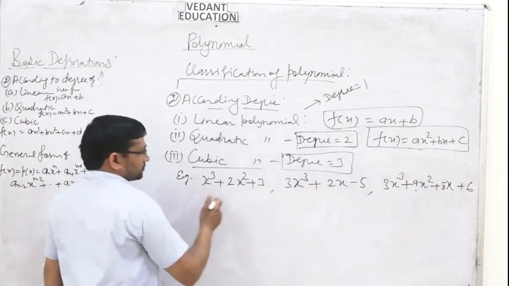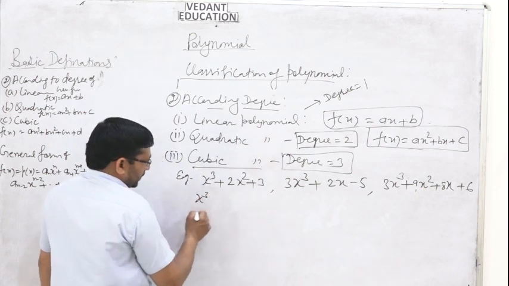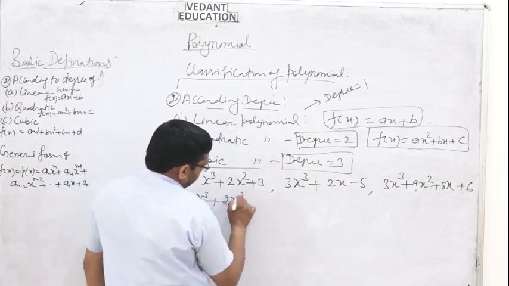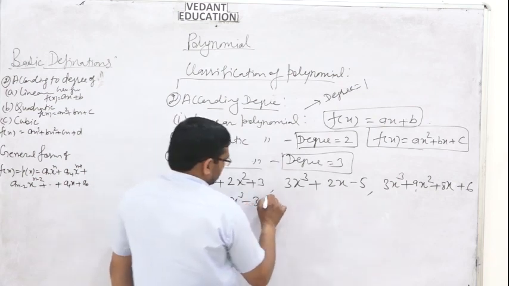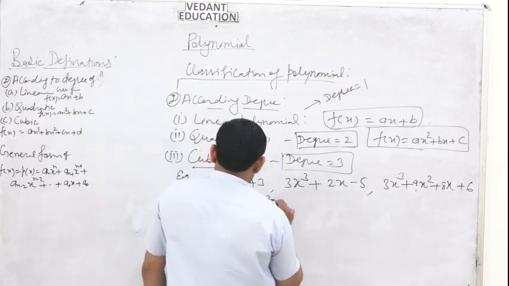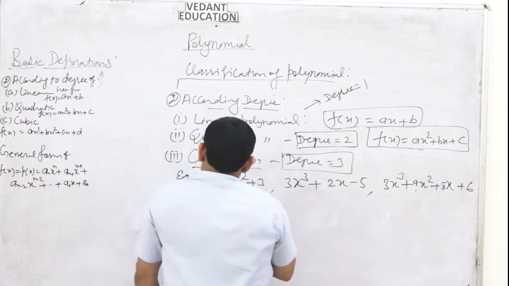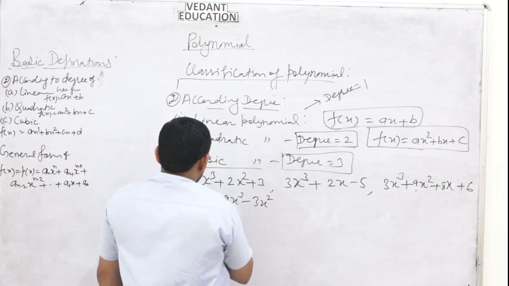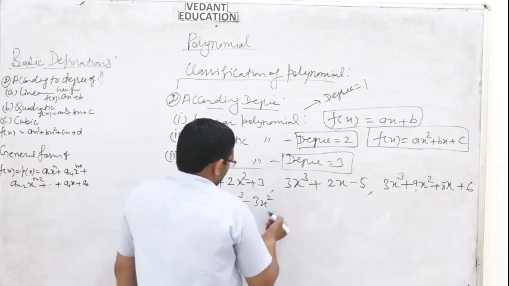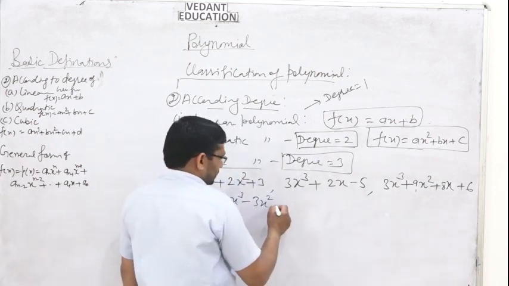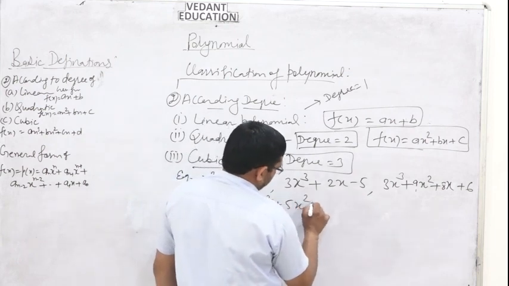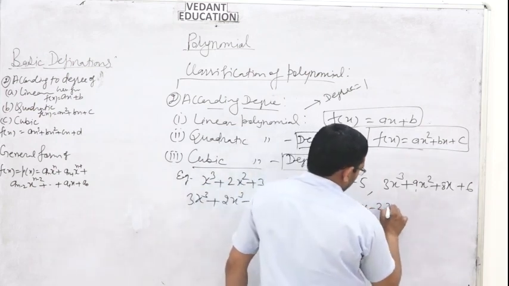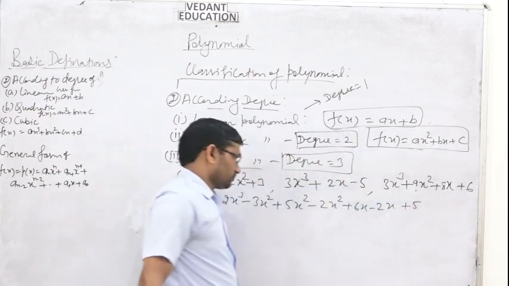Suppose if I write x cube plus 2x cube minus 3x square plus 5x square minus 2x square plus 6x minus 2x plus 5.